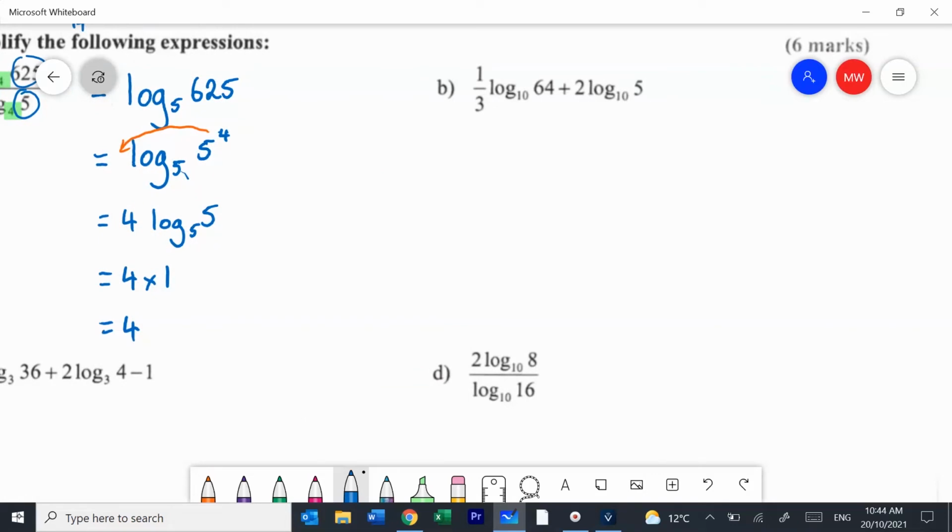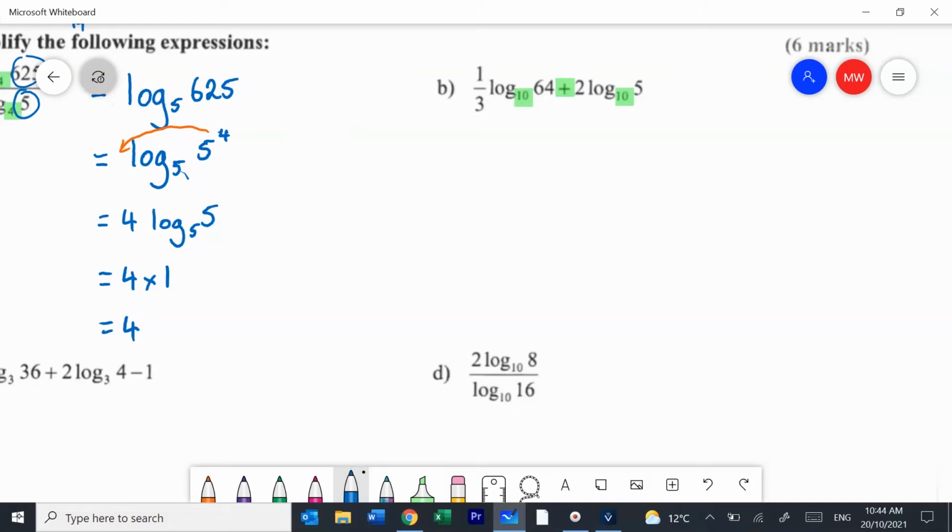B, let's have a quick look at this. When we have a look, it's got base numbers that are the same, and it's an addition, so it'd be nice to be able to use the equations that we've got for these, but we can't do that while we've got a third out the front or a 2 out the front. The equation doesn't allow for that. So what we need to do is the opposite to what we did in the previous question, and we need to move them up as powers.